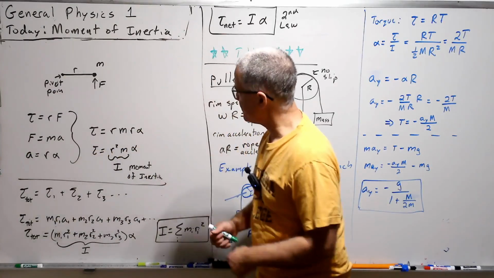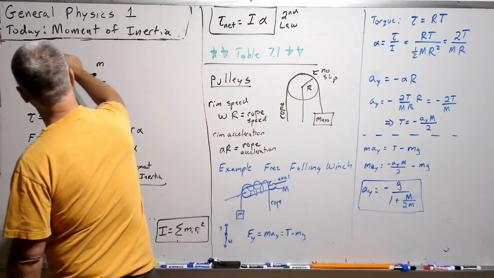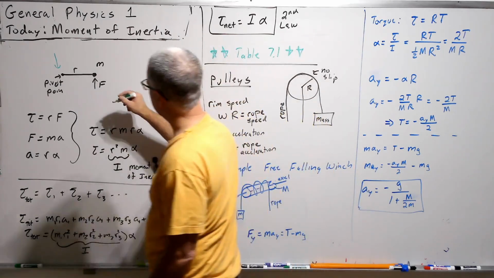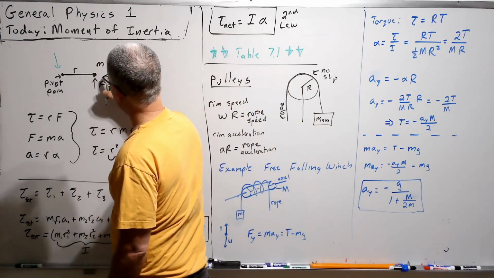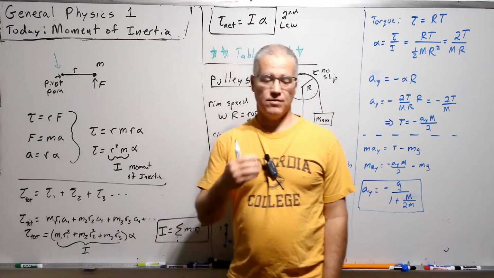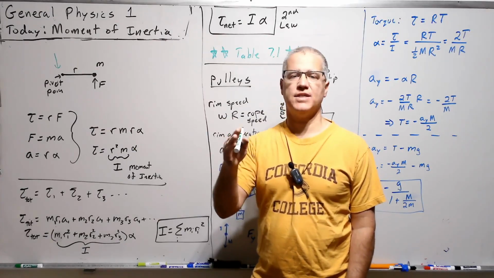Okay, so let's set up a simple system here where we have a pivot point, some radius r, and a mass m, and we're going to apply a force here. Now, throughout here, we're going to consider only the force that's causing the rotation.